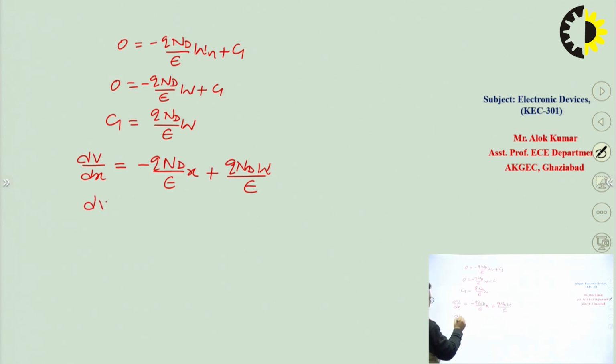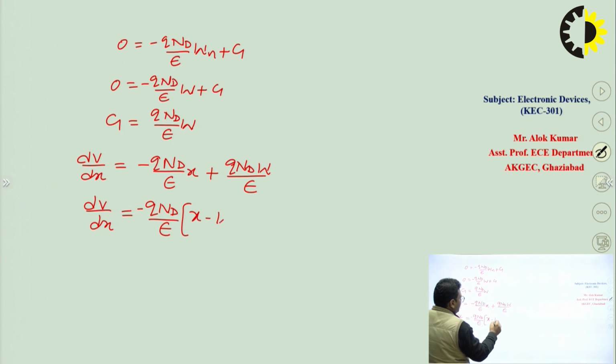This equation can be rewritten as dV by dx is equal to minus q Nd upon epsilon, taking this common, into x minus W.